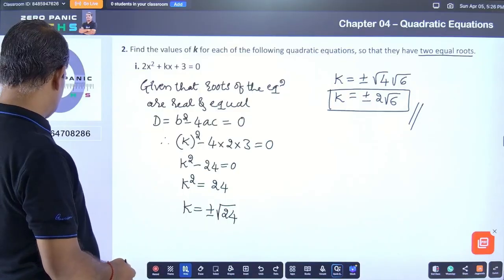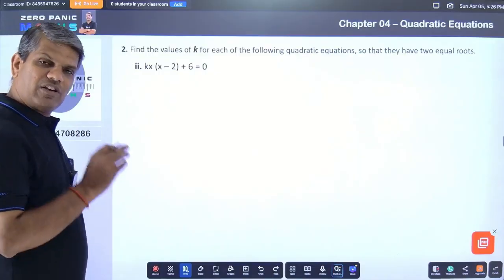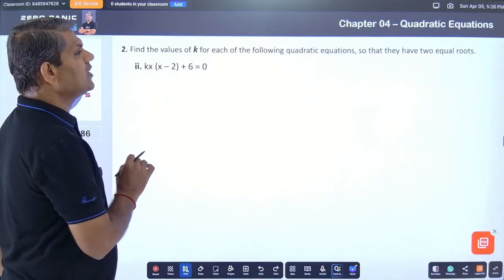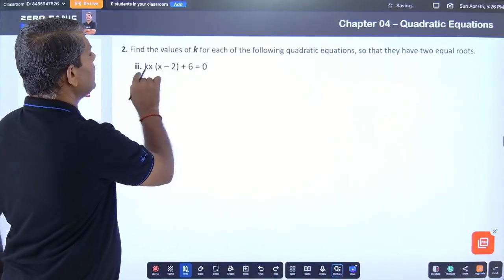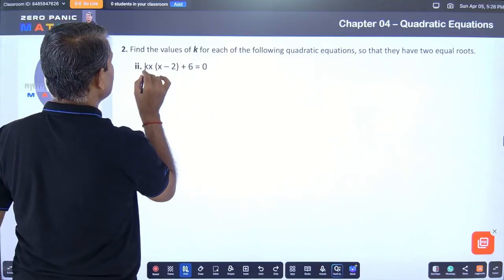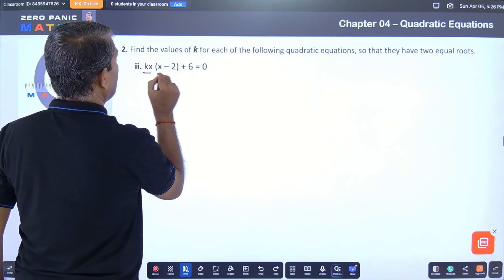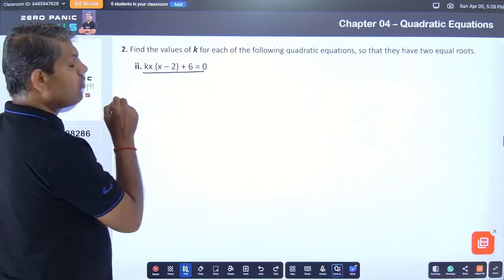So this is the first question. Second is also given the same condition. What is that condition? The condition is the roots of this equation are equal. Let us multiply this out because k might appear multiple times here. First of all, derive a quadratic equation out of this.